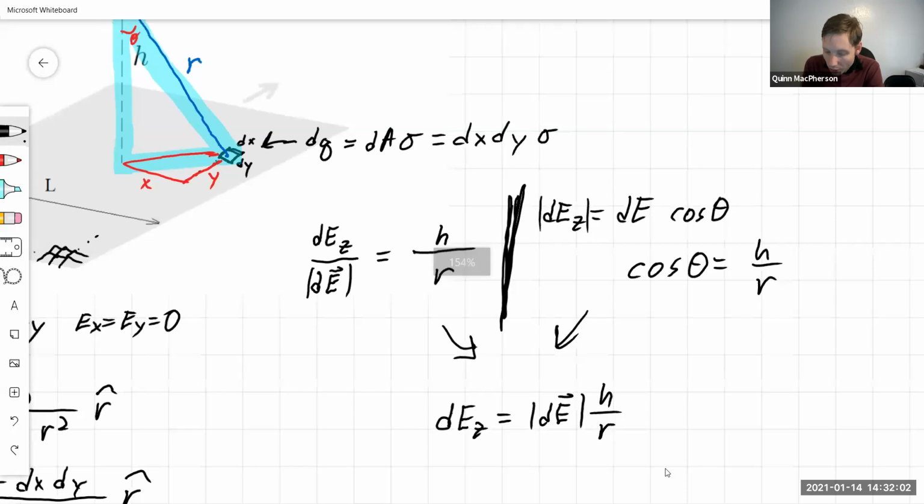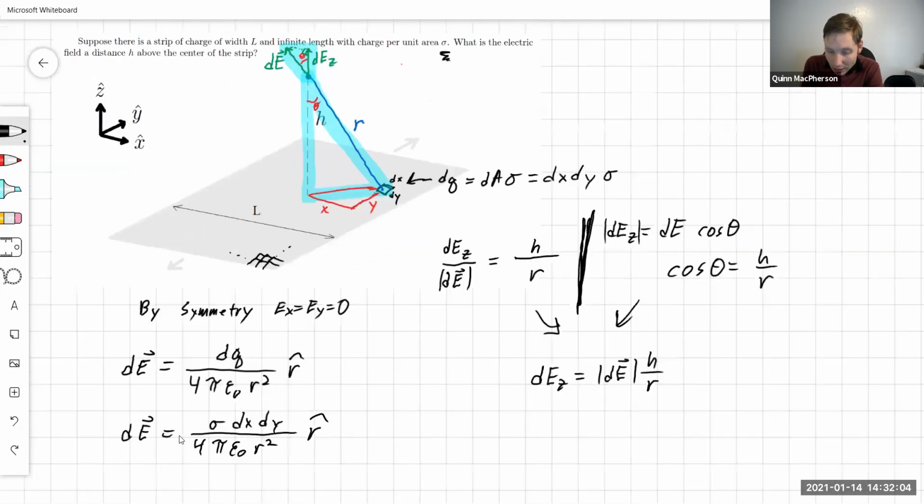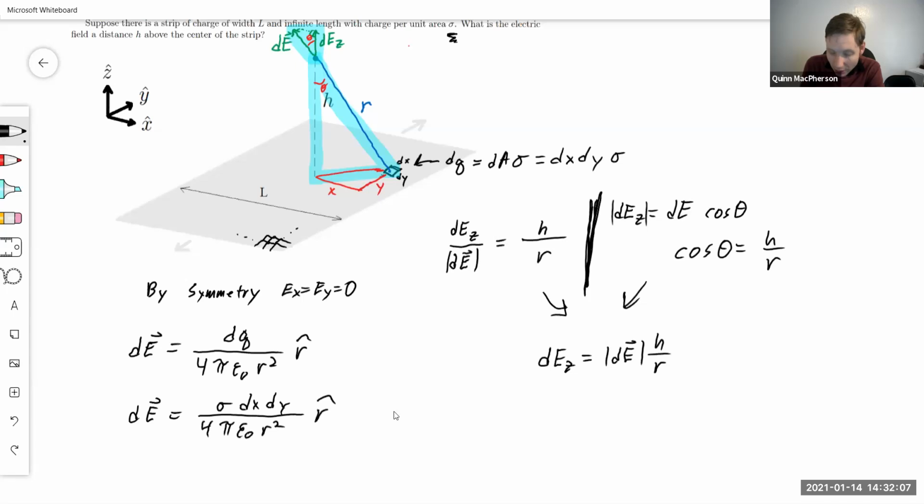Okay, so we can apply that over here. We have the dE vector, and we can get its z component now.